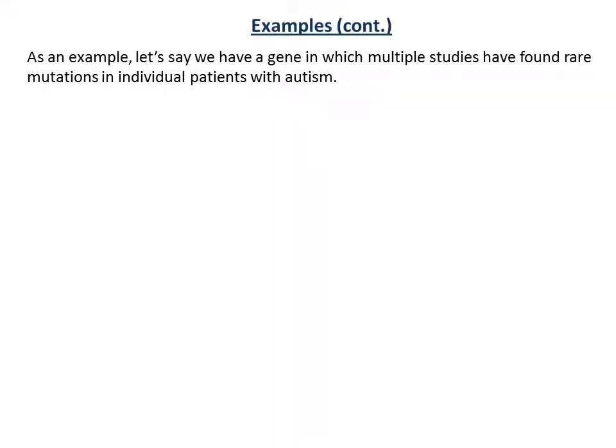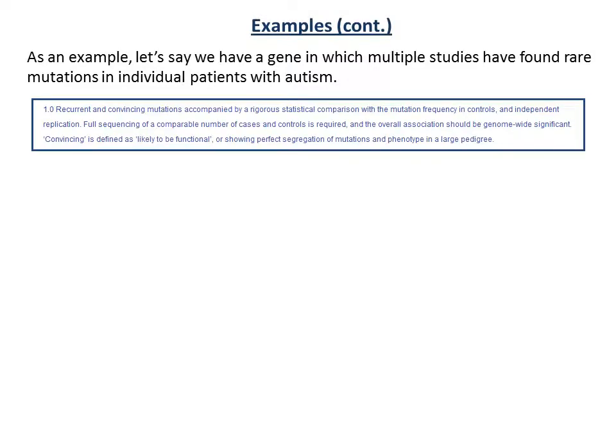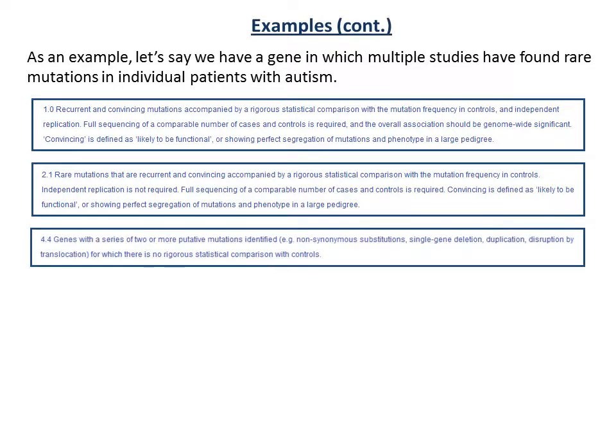In our first example, let's say we have a gene in which multiple studies have found rare mutations in individual patients with autism. Based on just this evidence, the gene could fall into Categories 1.0, 2.1, or 4.4. By delving into the evidence further, however, we find that none of the studies provide rigorous statistical comparisons with controls.